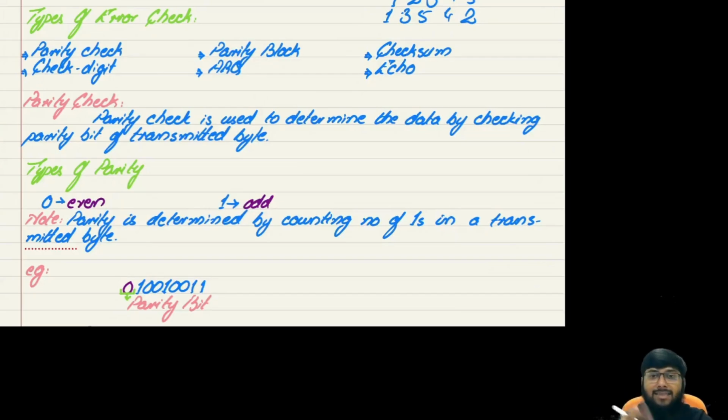Odd parity is represented by a 1, whereas even parity is represented by a 0. How do we know whether it is odd or even parity? It is calculated by counting the number of ones in the transmitted byte. You do not need to focus on the zeros, you just need to focus on the ones. On the transmitted byte, count the number of ones that have been transmitted and check it.